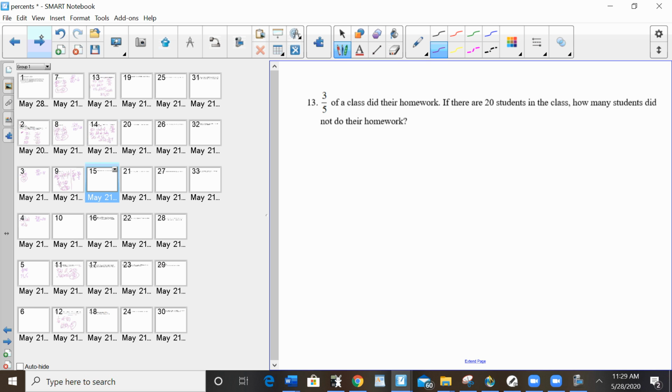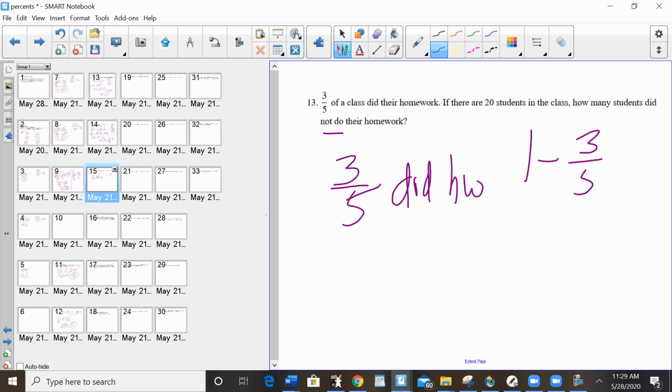Now, with fractions, so 3/5 did their homework, it says how many students did not do their homework. It's the same concept. The 3/5 did homework. So to determine the fraction of students who didn't, you're not subtracting from 100, but you're subtracting from 1. Or think of it this way. If 3 out of 5 did do it, then 2 out of 5 did not do the homework.